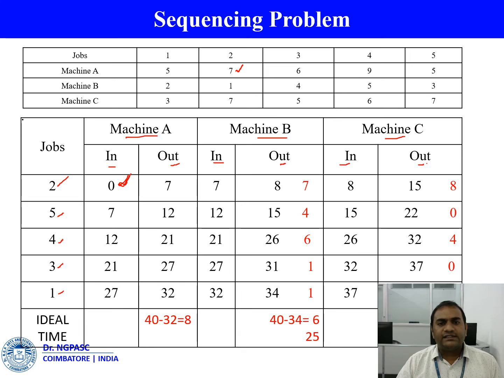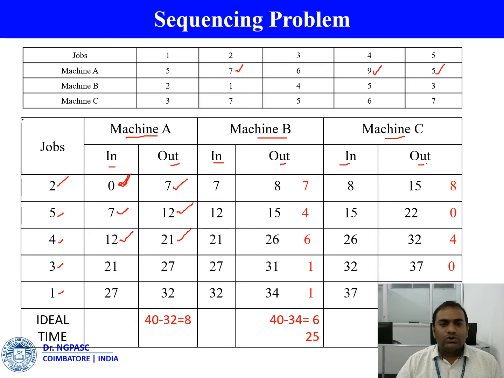So enter 7 in time out of machine A. Then this 7 goes to time in of the next job, and the processing time of job 5 is 5. So 7 plus 5 is 12. Next, it goes to time in of job 4. In job 4 the processing time is 9. So 12 plus 9 is 21.